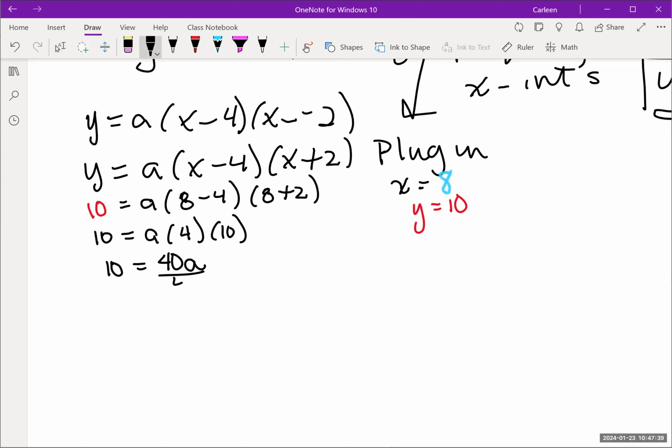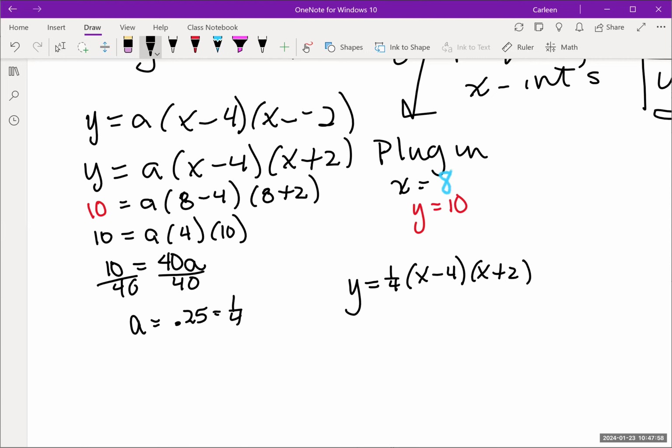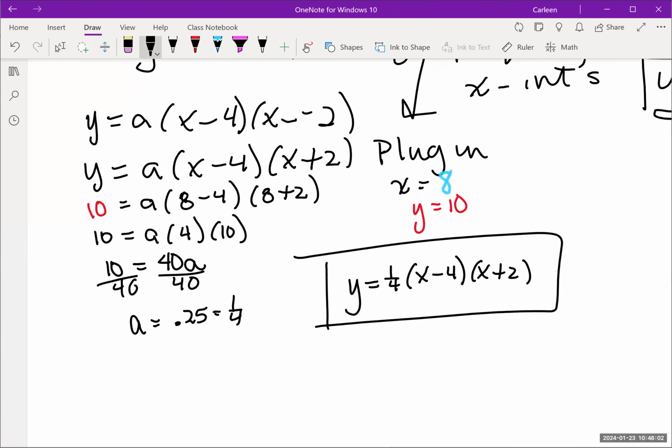So I'm going to divide by 40. A is equal to, and I'm going to leave it as a decimal, or you could say 1/4. So here's your equation. y equals 1/4 (x minus 4)(x plus 2). Notice the final equation has x, it has y, it has no other variables.